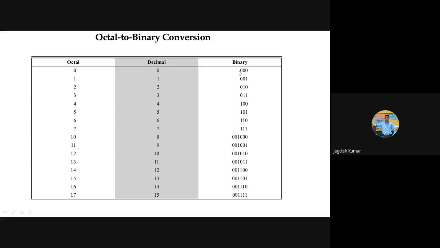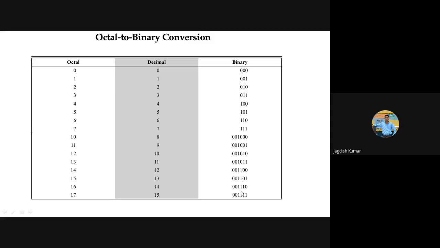How to get corresponding binary? So 0 is like this: 0 1 2 3 4 5 6 7. Up to 7 we are comfortable in 3-bit system, isn't it? So this 3-bit system is okay up to this point. When we go beyond this, we need to go to a higher bit system. So here we are using a 6-bit system, correct?